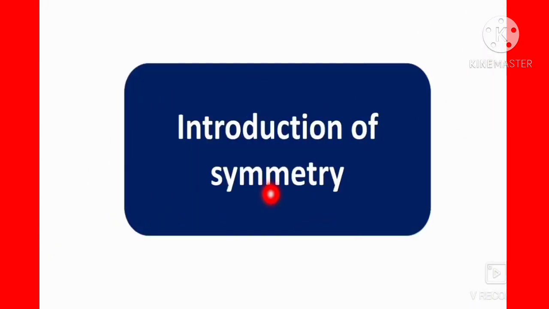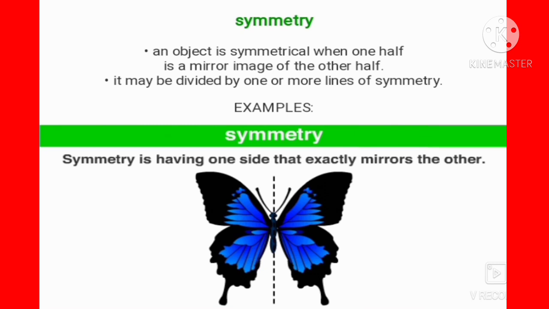Now children, let us see the introduction of symmetry. An object is symmetrical when one half is a mirror image of the other half. It may be divided by one or more lines of symmetry.